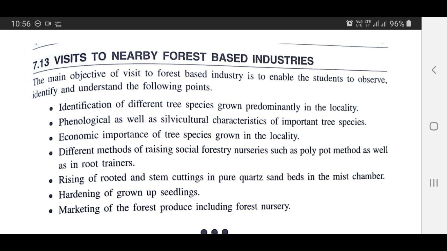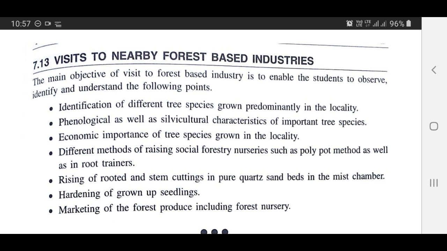They are in good numbers. Their taproot is also protected without any disturbance during uprooting. So plants establish very readily in the forest sites or in the social forestry programs. So these are the nursery practices generally adopted for growing forest species.